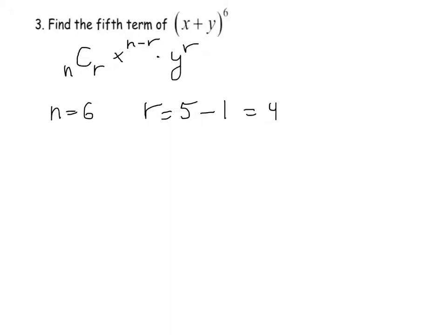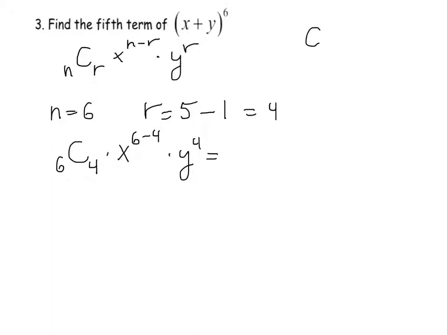So let's go ahead and find the expression. So it's the combination of 6 choose 4 times x to the n minus r, which is 6 minus 4, times y to the r, which is 4. So now I'm going to evaluate.